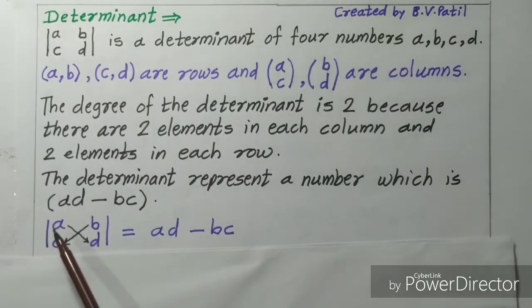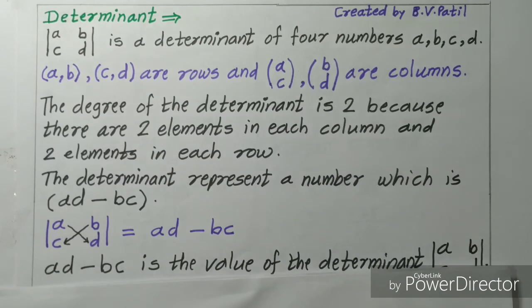Here we cannot do subtraction on the letters. Therefore AD minus BC is the value of the determinant.